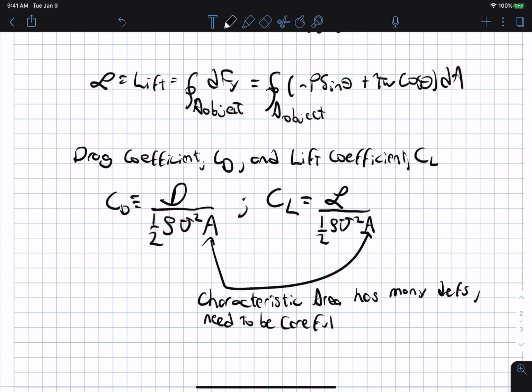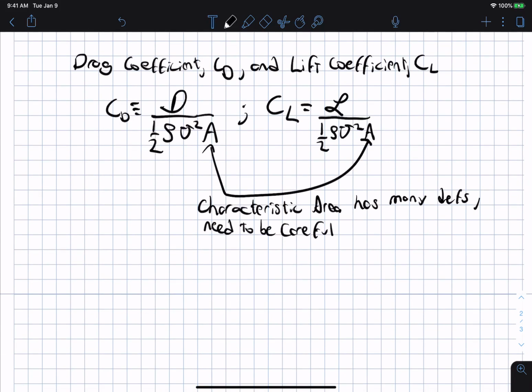And so one of the more common ones that you'll see is called the frontal area.